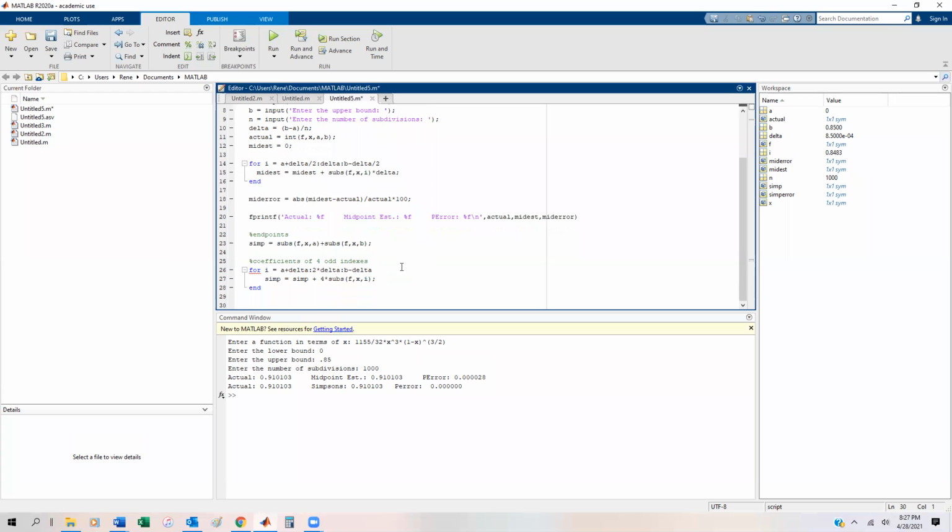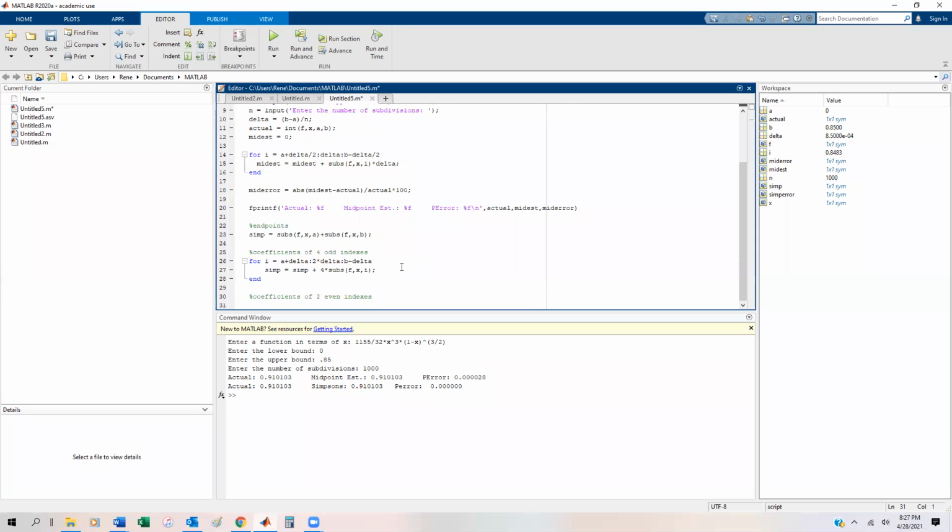Now we still haven't taken care of the even indexes. So these are going to be for the coefficients of 2, in other words, the even indexes. And to be able to get that, we're going to build another for loop. So we're going to say for i equals a plus 2 delta.